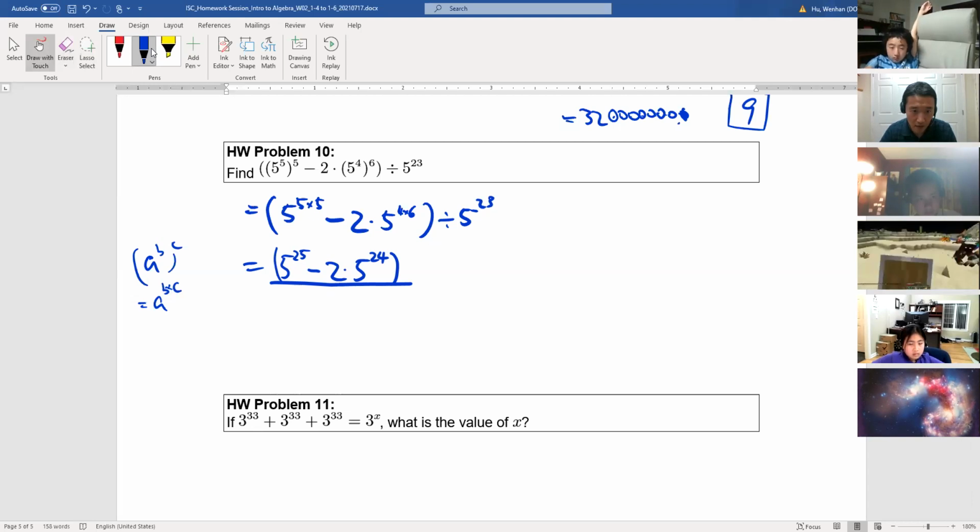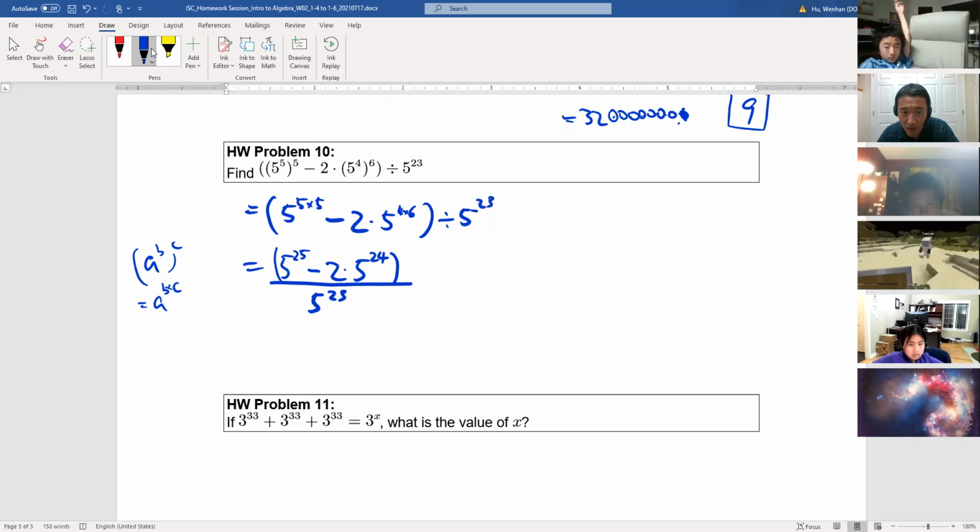I'll just put it down here, 5 to the 23rd. Wait a minute, we have a subtraction here. We cannot just combine these two because we have a subtraction here.